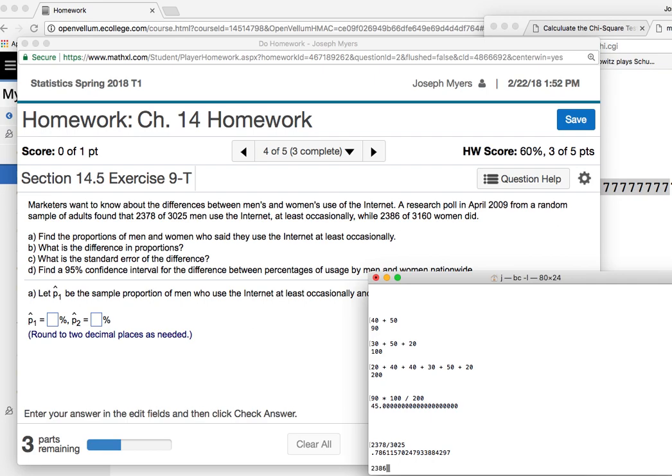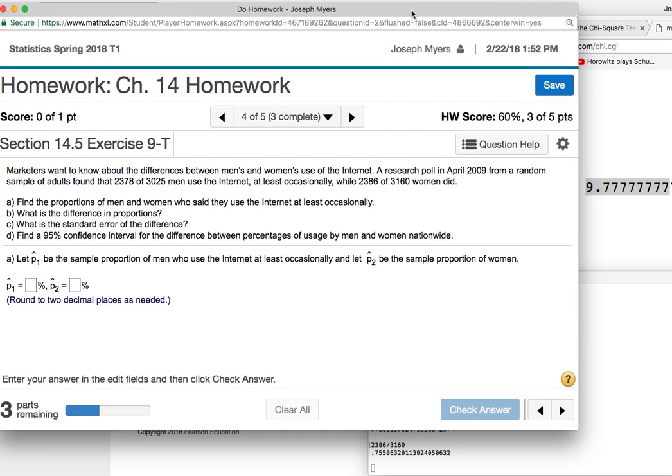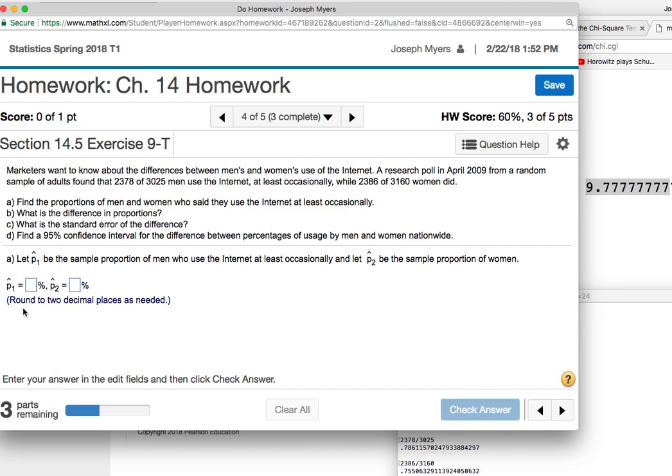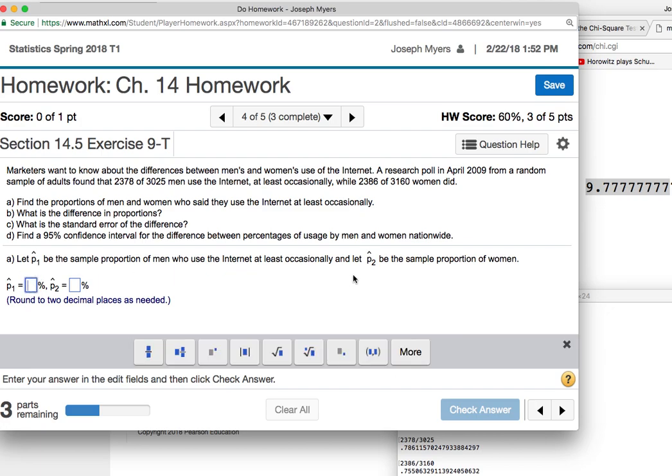So 2386 divided by 3160. So I'll just use this nice little calculator. And convert those to percentages. So 78.61 and P2 is 75.51.